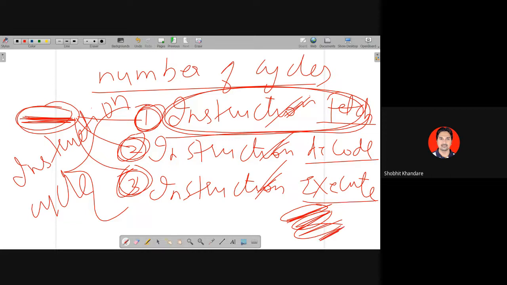No, you will go sequential. So your instruction cycle consists of 3 different cycles.